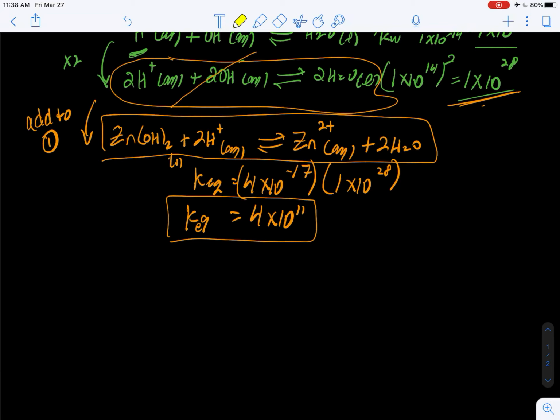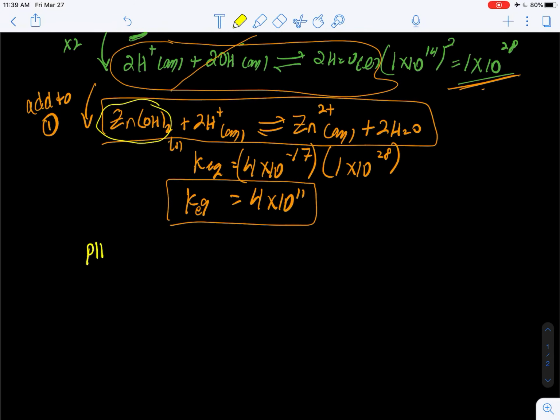And so if we want to know what the molar solubility is for this substance here at pH 5, we basically need to know the concentration of H plus at pH 5, right?